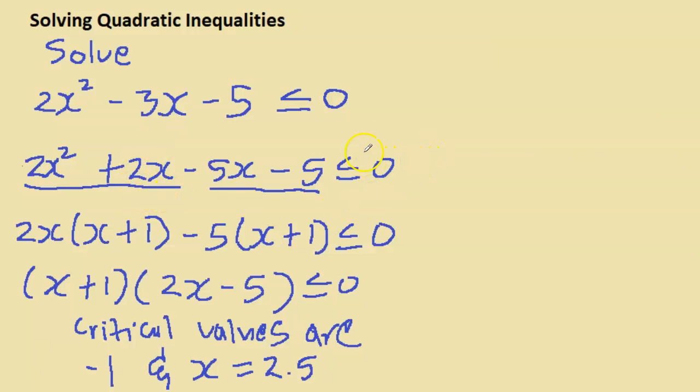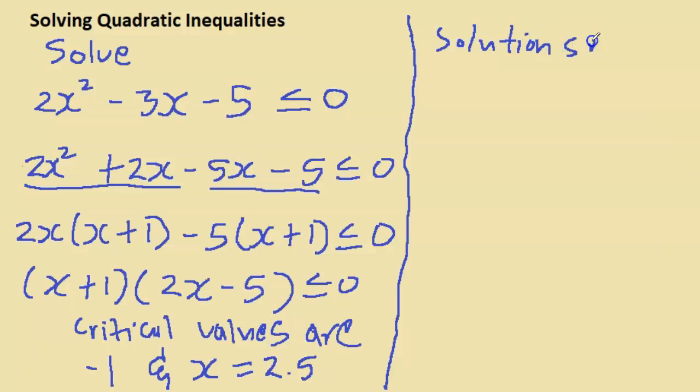Alright? So, because we're dealing with a less than situation here, the solution set is given by, since it's less than, x is between the two critical values. But we have to keep the sign: x is greater than or equal to negative 1 and less than or equal to 2.5. So it's less than the larger value and greater than the smaller value.